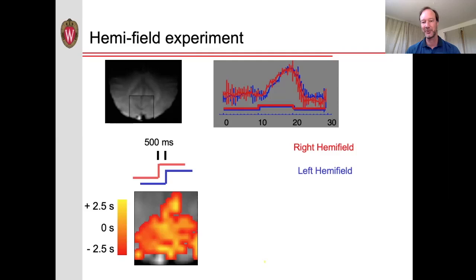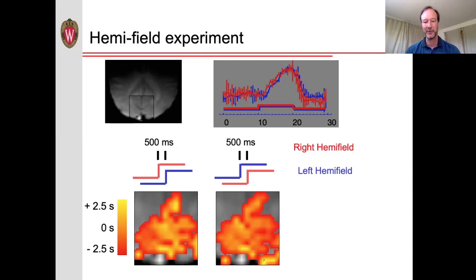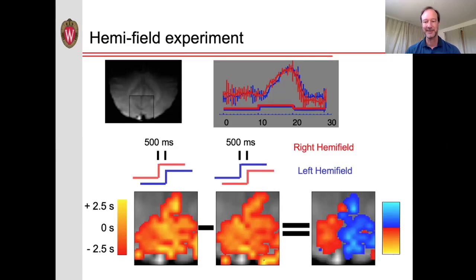However, what we can do in this visual experiment is flip the stimuli. So instead of turning on the right and then the left, let's turn on the left and then the right. Again, if you map the latencies, this is the latency map you end up with. But now what happens when we subtract the two? We exactly see this difference in the left versus right hemispheres.